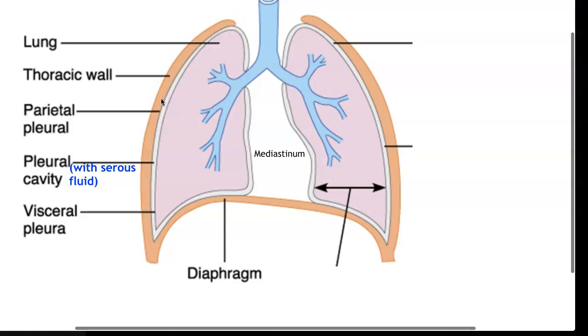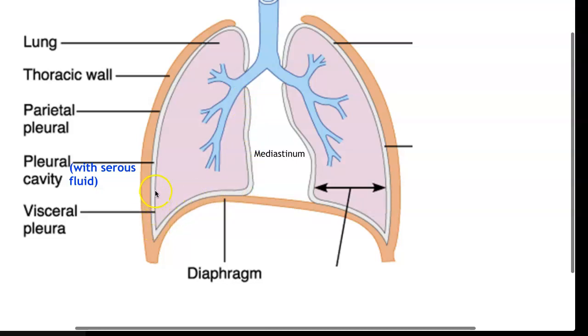It is touching. It is in contact with that thoracic wall. And then it comes down and it's in intimate contact with the diaphragm. Then it goes up and it's in contact with the mediastinum. It wraps back around and becomes the visceral pleura.